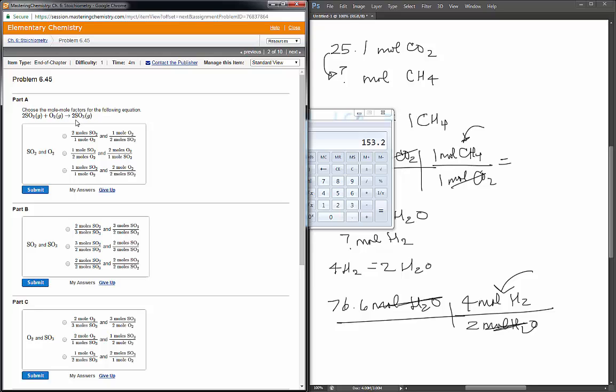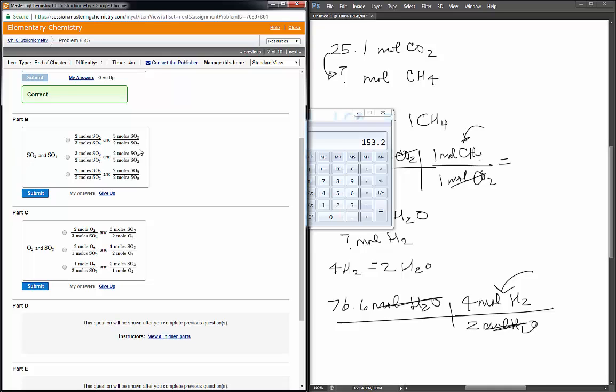We're just not asked about it. So 2 SO2 and 1 O2. So 2 SO2 equals 1 O2. So 2 SO2 on the top, 1 mole O2 on the bottom. That's fine. And we could also flip it and put 2 SO2 on the bottom and 1 O2 on the top. That is perfect. In this case, I've got the wrong number of moles attached to my O2 and my SO2. And same thing with the bottom here.